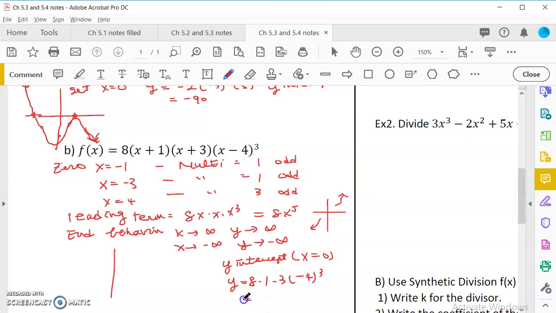So it's a really big number. It's a negative number, right? So 24 times -4 cubed, is -1536.